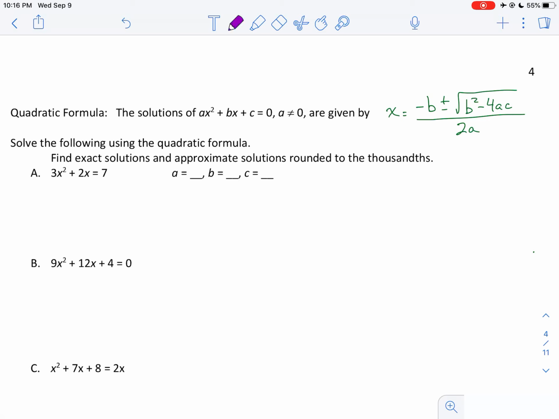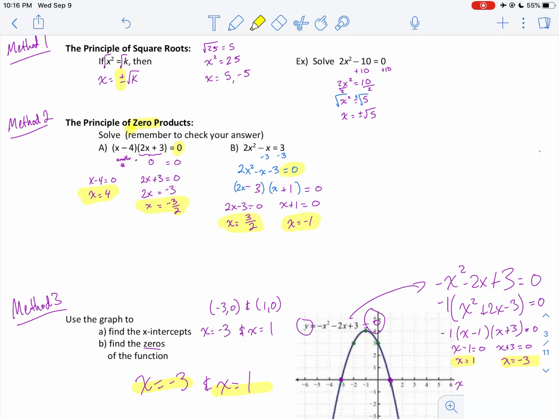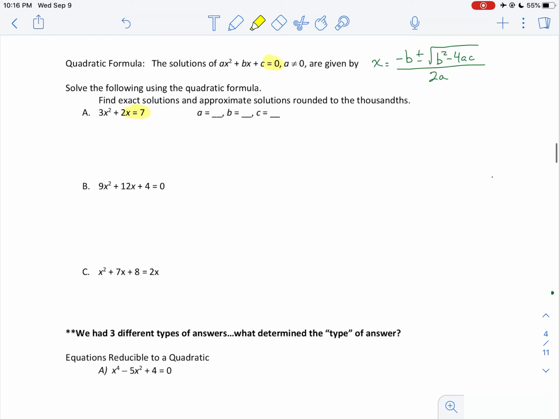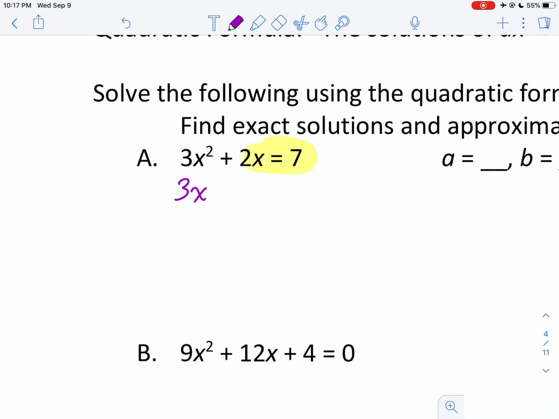You'll see this first scenario. This is similar to the principle of zero products, where we have to have it equal to 0. Do you see that? We have to have it equal to 0. Well, here it's equal to 7. So to fix that, I just have to subtract 7 from each side.